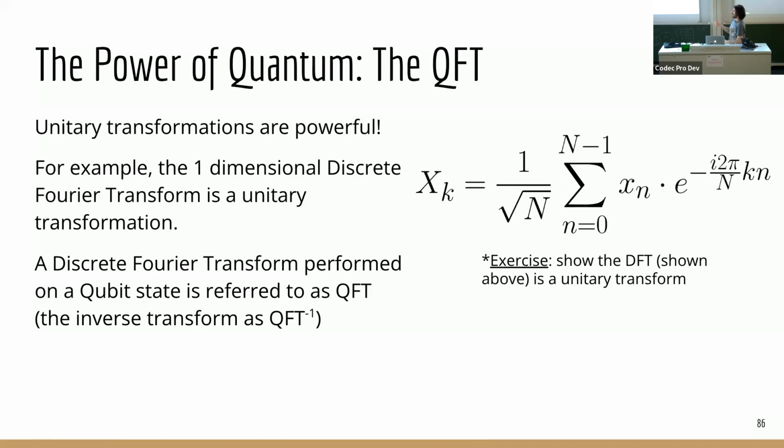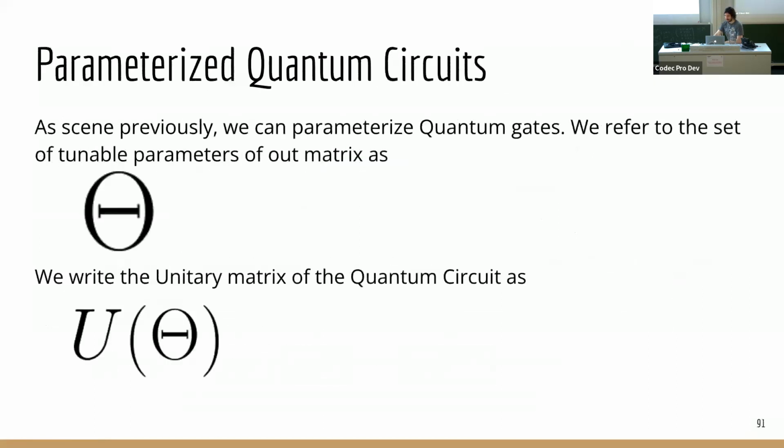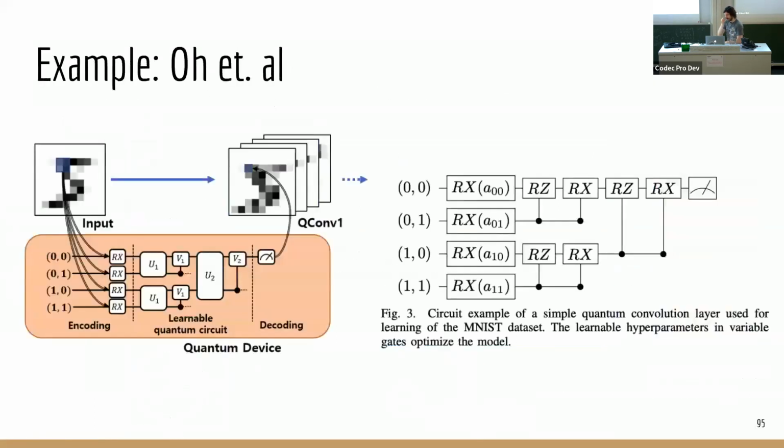So, for example, in this paper, what they're trying to do is make the circuit act like a classical convolution. And this isn't clearly a unitary transformation. So this is just an example of how with unitary transformations in the gates alongside some measurement, we can have a quantum circuit be more expressive than simply unitary transformations.